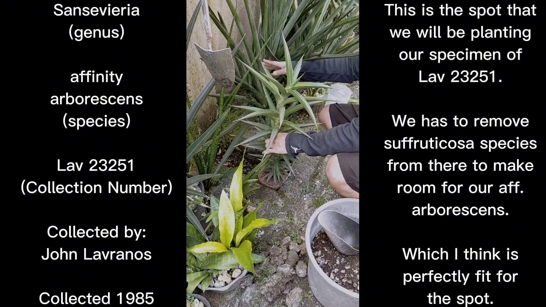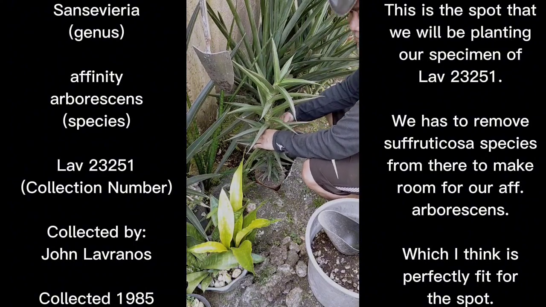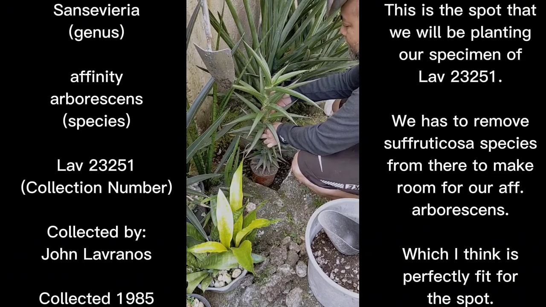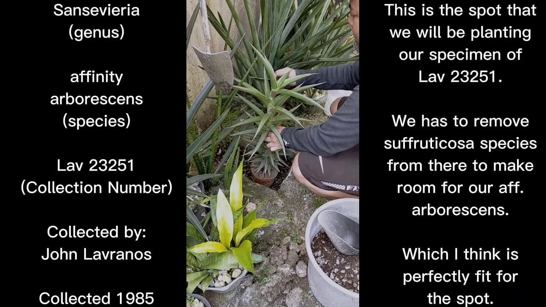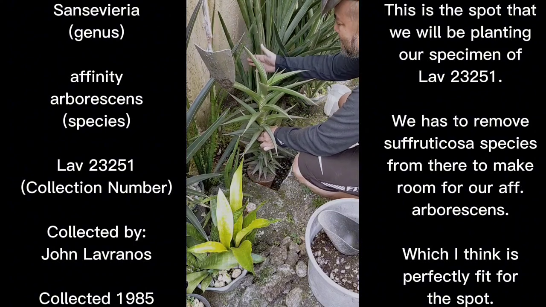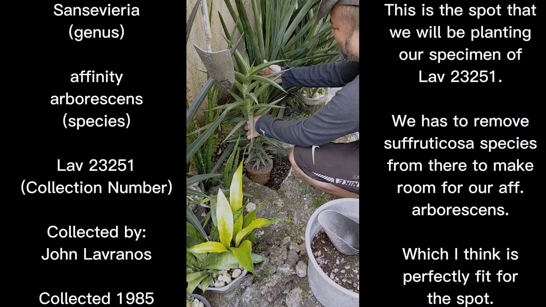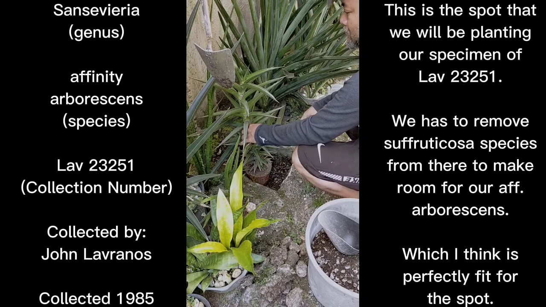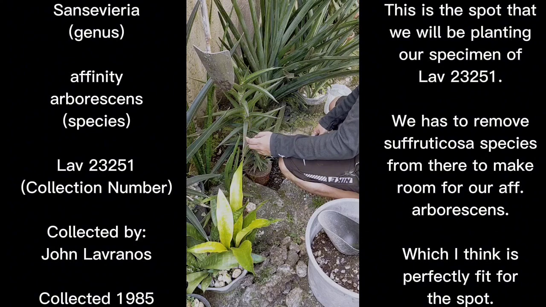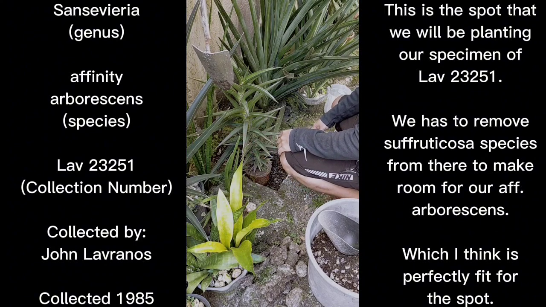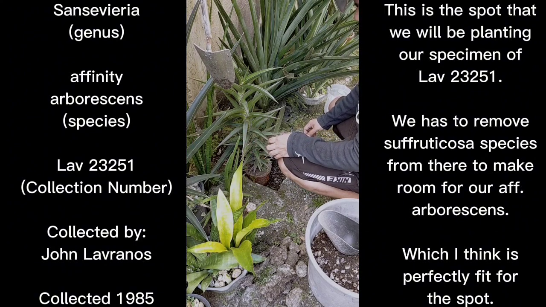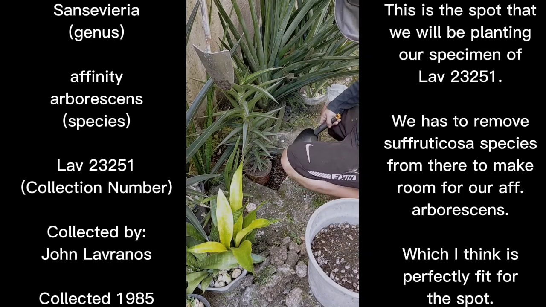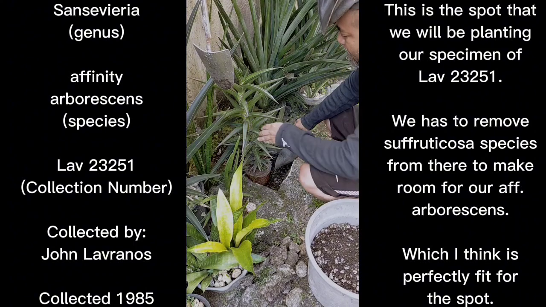But what's happening right now is that beside it are neighboring Sansevierias, Sansevieria katana and Metallica San Remo. So they sort of help keep the affinity arborescens in place. Right now I'm checking the base of the root system and seeing to it that it's flat and it can balance itself.